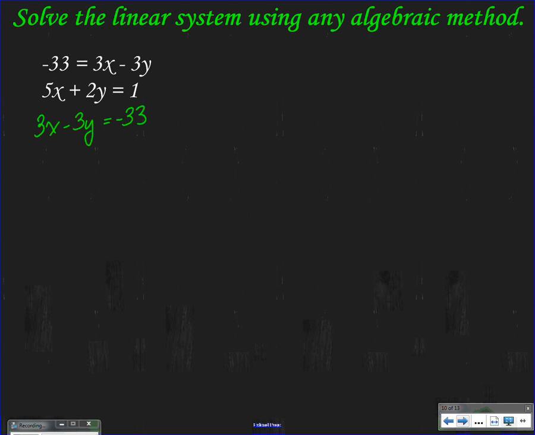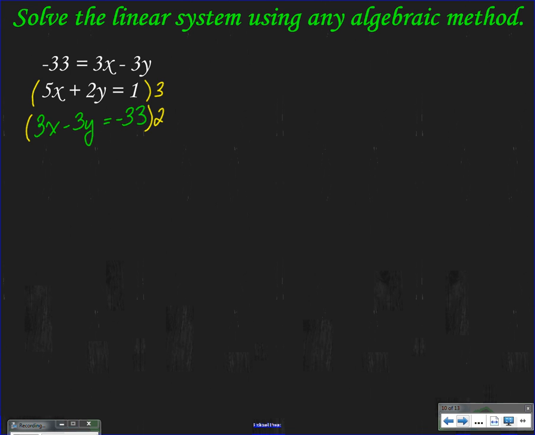Okay, so what can I do? If I wanted to do elimination, let's see what work we have to do for both of them. If I wanted to do elimination, I want to get rid of y, I think. I would take this equation and multiply by 3, and I would take this equation and multiply by 2.